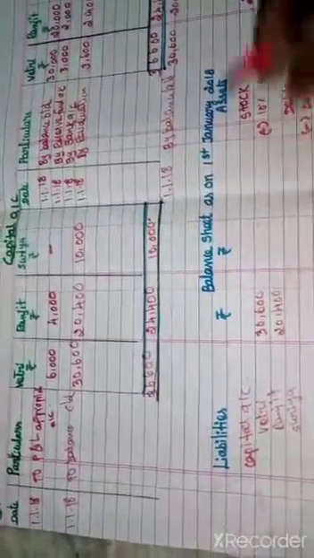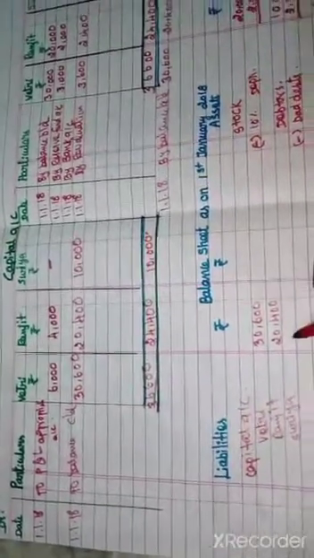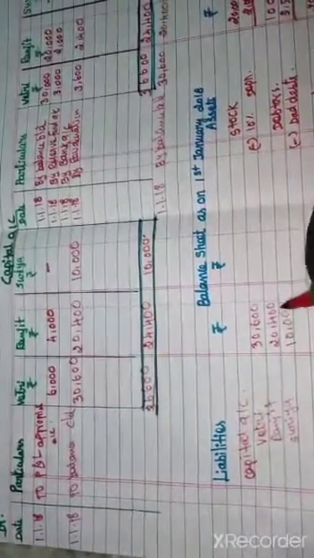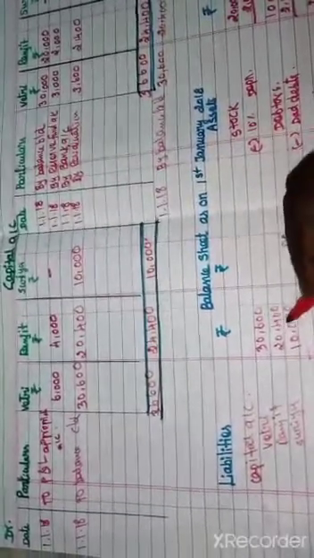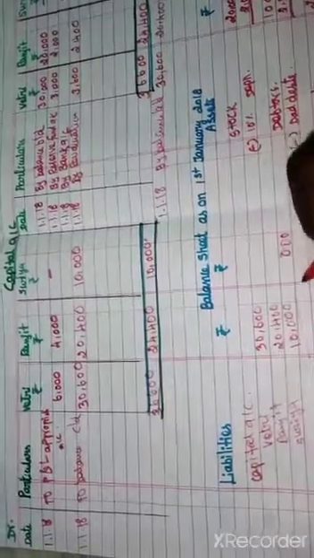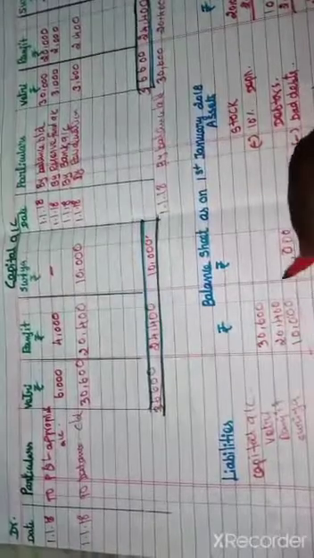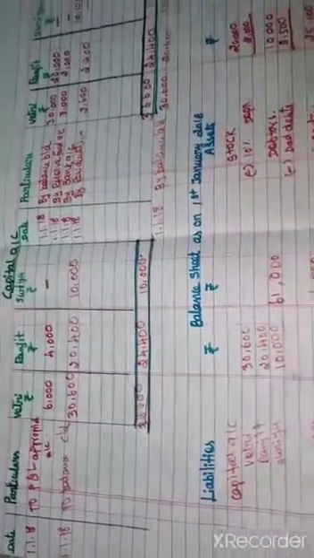Surya 10,000. So now we are going to tally that. 6 plus 4 is 10, then 1 plus 1 is 6. So 61,000 is the capital amount.